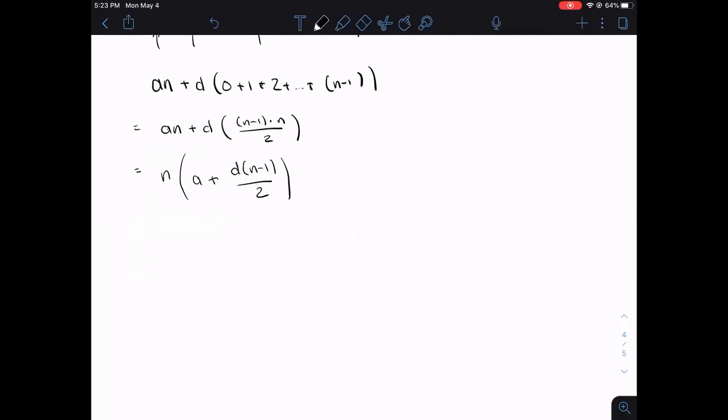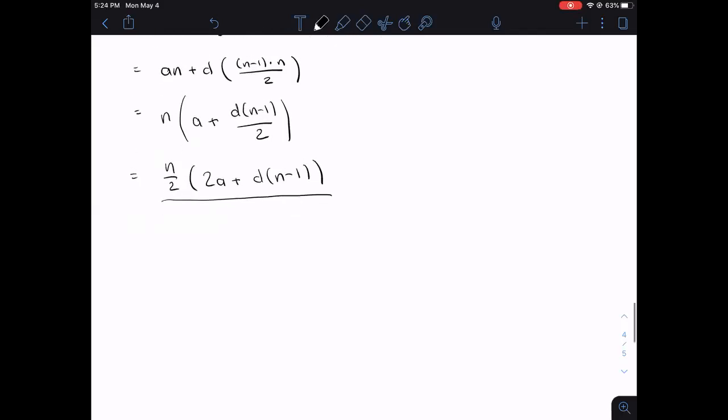And then to see what this actually means, let's try to factor n over 2 out. So we arrive at this formula, but this is pretty hard to memorize. So let's write it in a different way. This is n over 2 times a plus d(n minus 1).